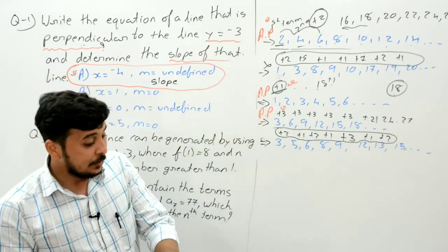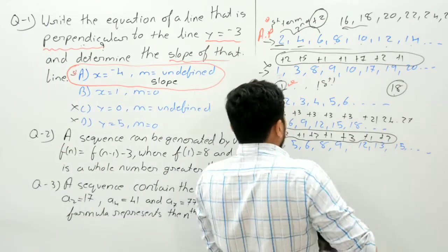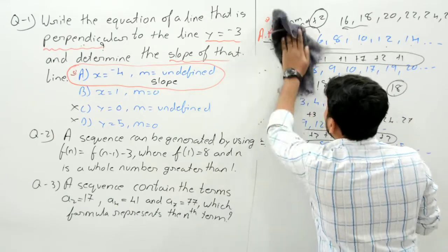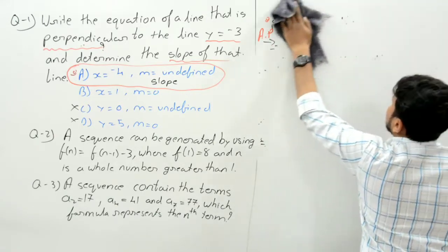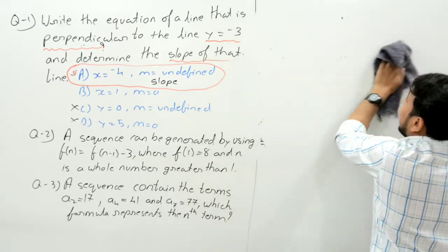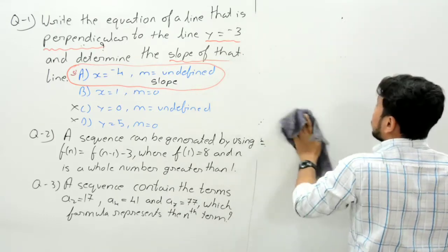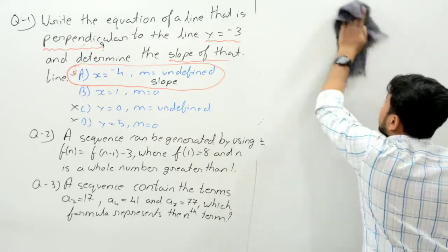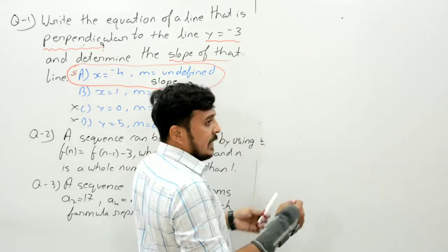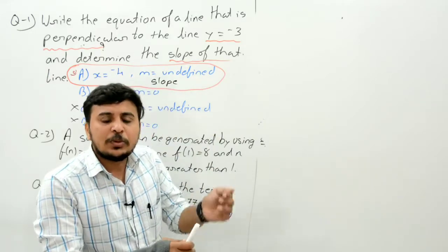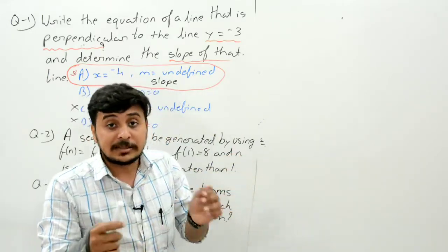Clear? Now, what if I want to write the arithmetic progression theoretically? Arithmetic progression starts from somewhere, and that is known as the first term of the arithmetic progression. It may start from 1, from 2, from 10, something.